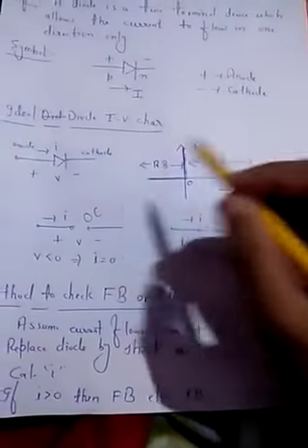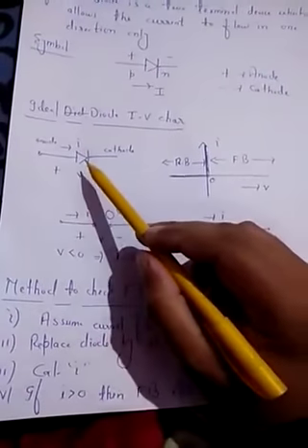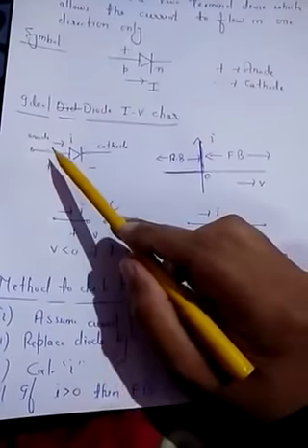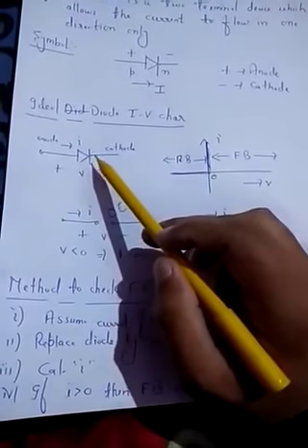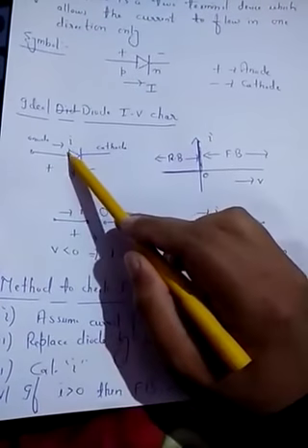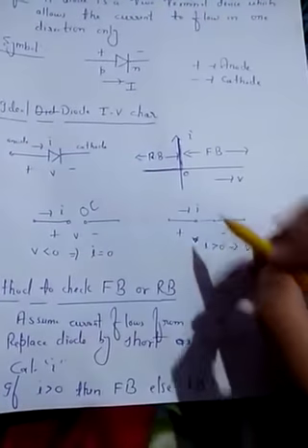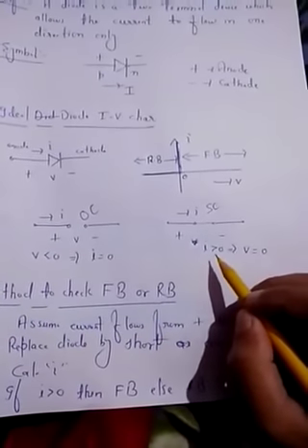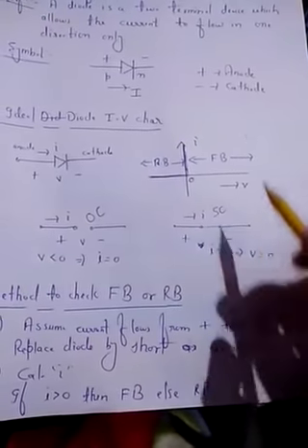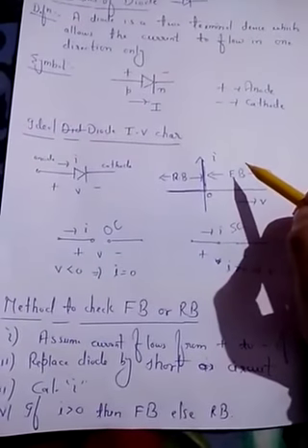And when I is greater than 0, it means this voltage is greater than this voltage. The I flowing through the diode is greater than 0, which means this ideal diode is replaced by a short circuit. So this is a short circuit. So I greater than 0 means V is equal to 0, and this is the IV characteristic of a diode.